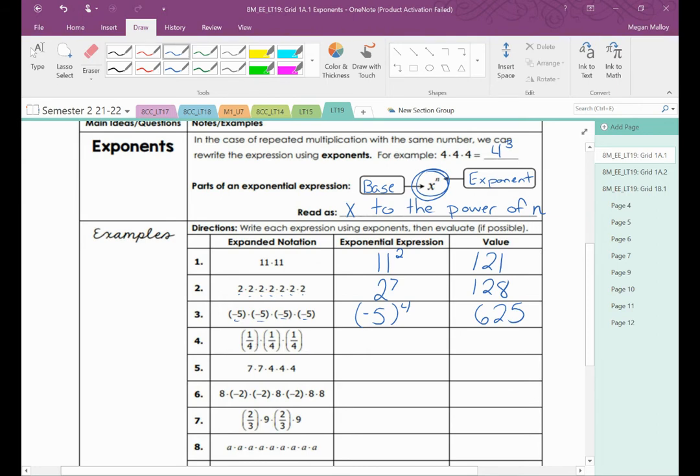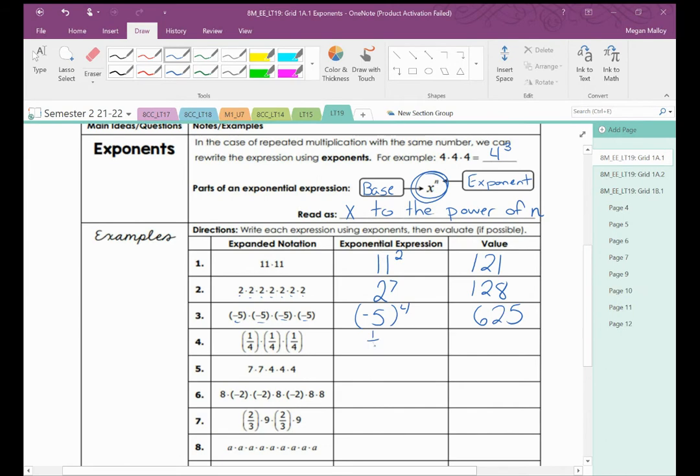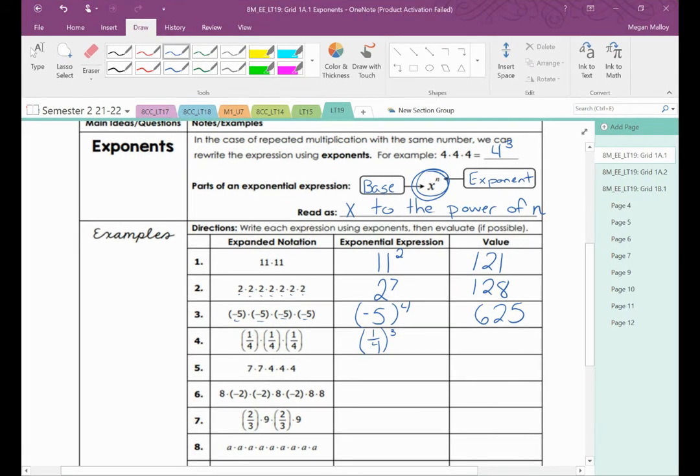Our base here is 1/4. 1/4 is multiplied by itself 3 times. If you want to put it in parentheses, that is okay. And 1/4 raised to the power of 3 is, let's see, it would be 1 over 4 to the third, 1 over 64. And we'll talk about how we would do that math in a bit.